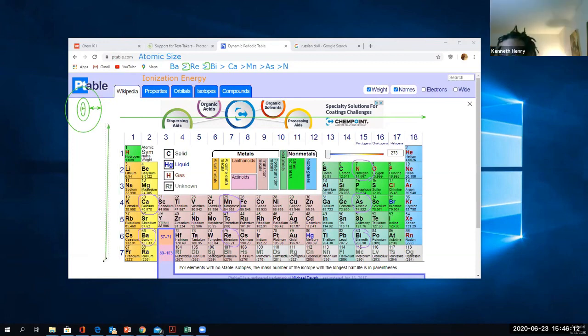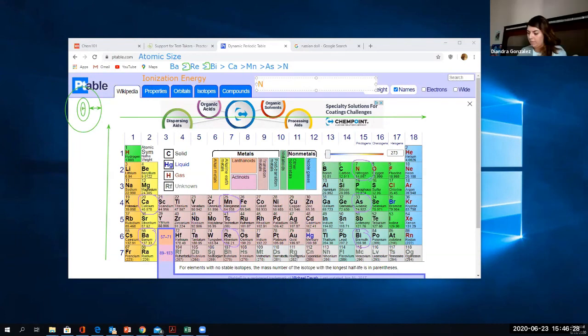Okay. So based upon our elements here, what is going to be the order from largest to smallest? Who's going to have the highest ionization energy? It'd be nitrogen. Yeah. Okay. Group VA. Arsenic.